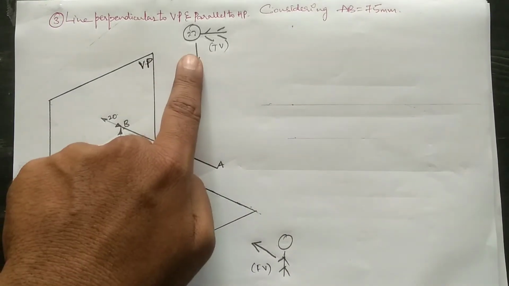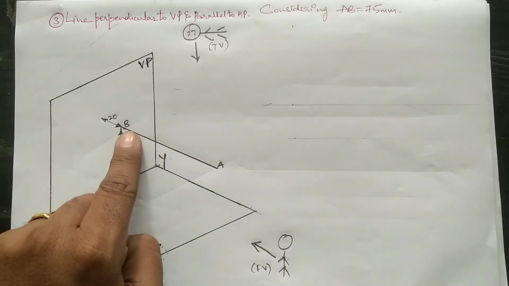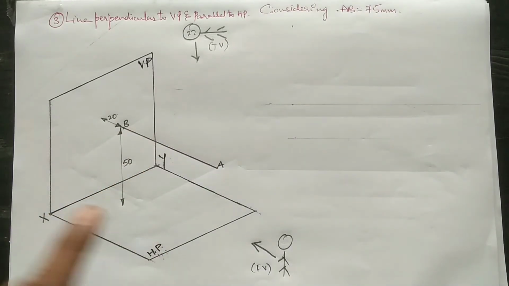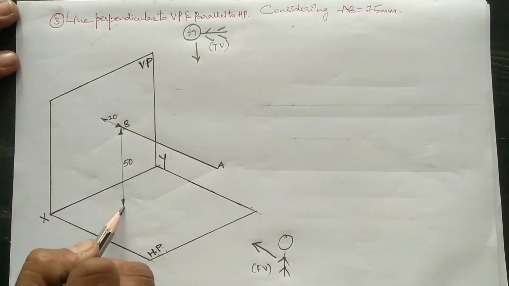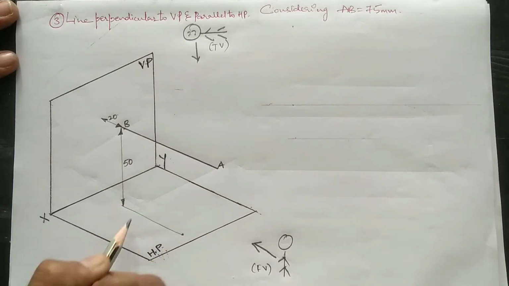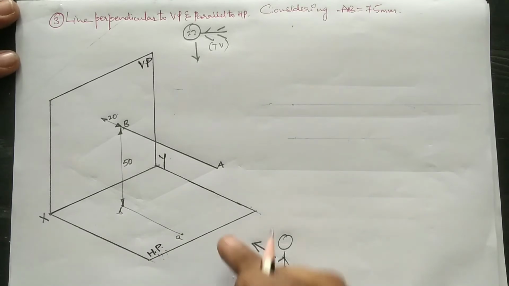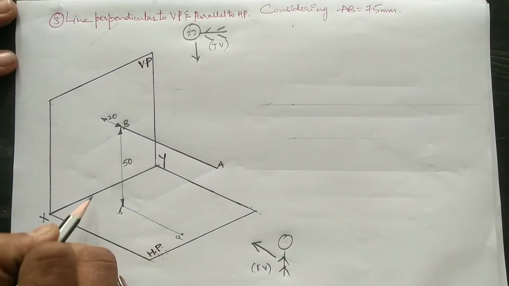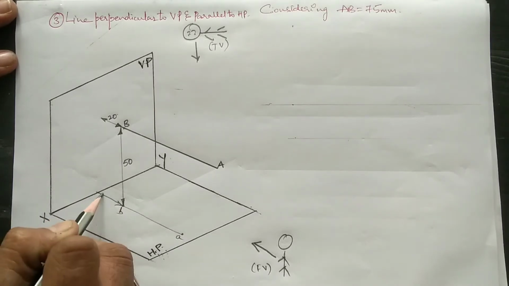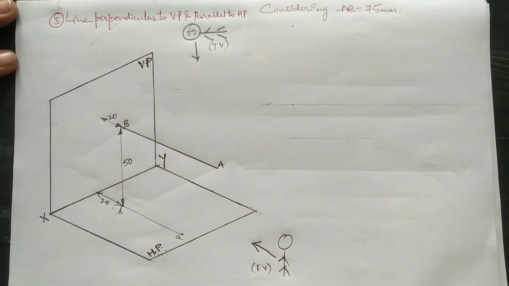So first, when seen from the top view, a line of 75 mm length is projected on the horizontal plane, which we are going to draw here. Marking these points as B and A, it is drawn on the horizontal plane at a distance of 20 mm from the XY line.